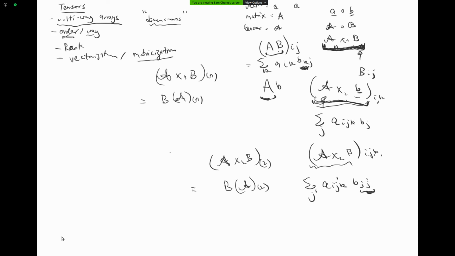And also, by the way, note that if I have A times_n B, and then times_m C, if n is not equal to m, then I have some kind of associative law.